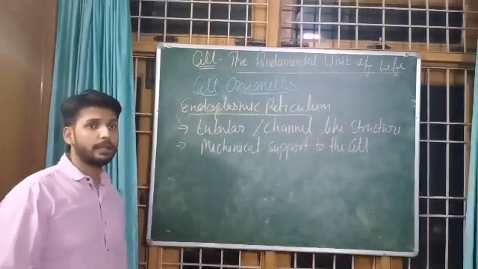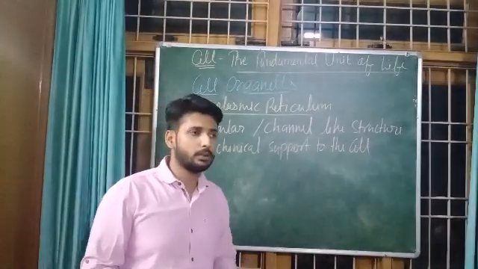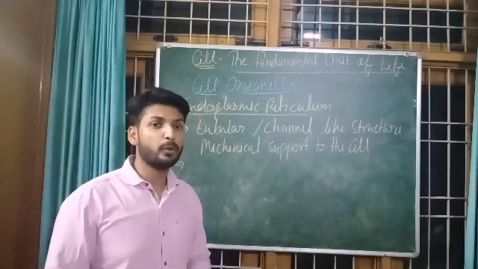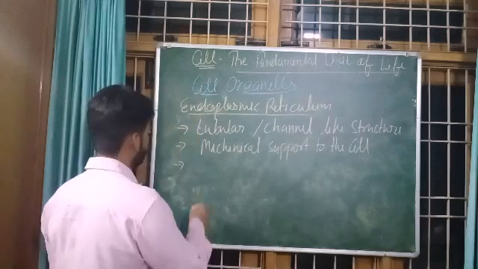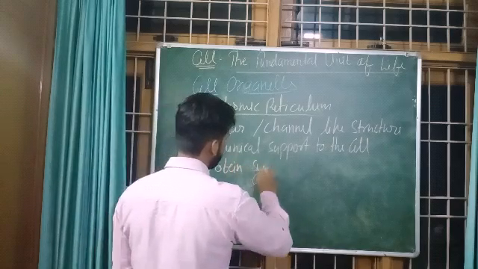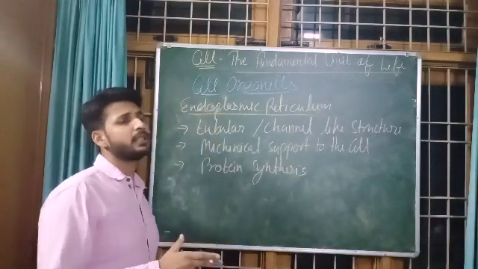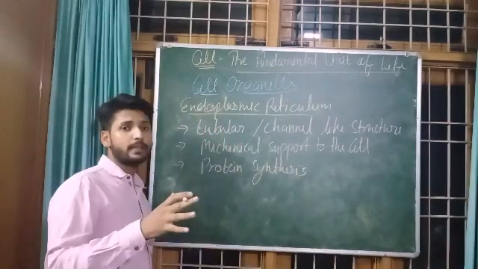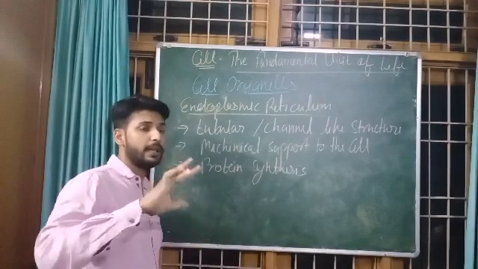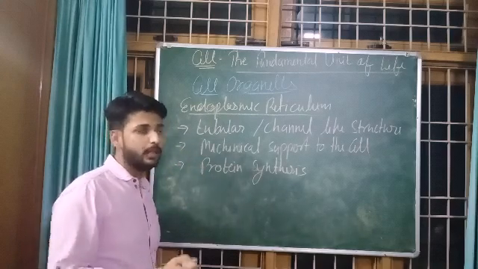Next, what are the other functions which the endoplasmic reticulum helps in? It also helps in protein synthesis. Generally protein synthesis is done by the rough endoplasmic reticulum. I told you protein synthesis is related to ribosomes only, and ribosomes are present in rough endoplasmic reticulum.